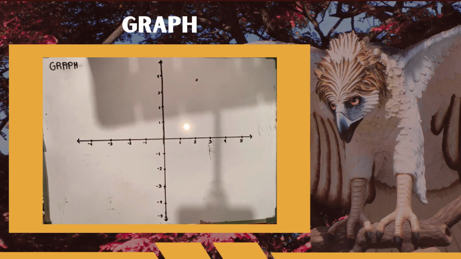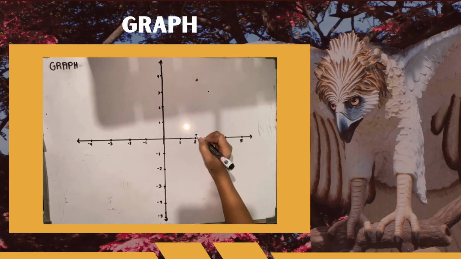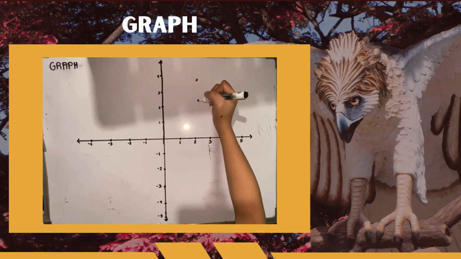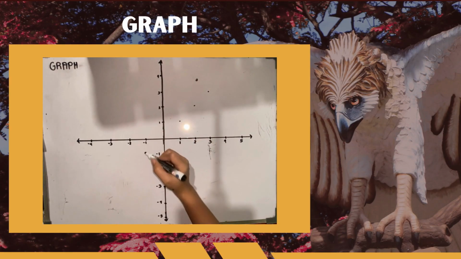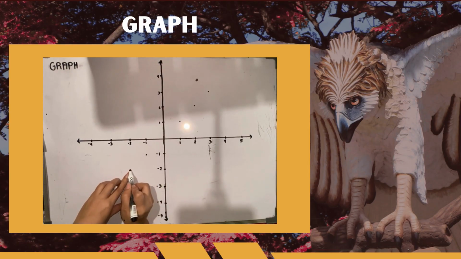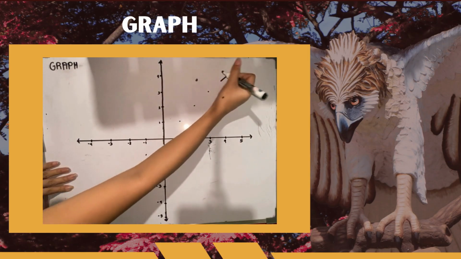So now let's plot the points for our first curve. After plotting the points, we can slowly connect those points to form a curve, or a line.